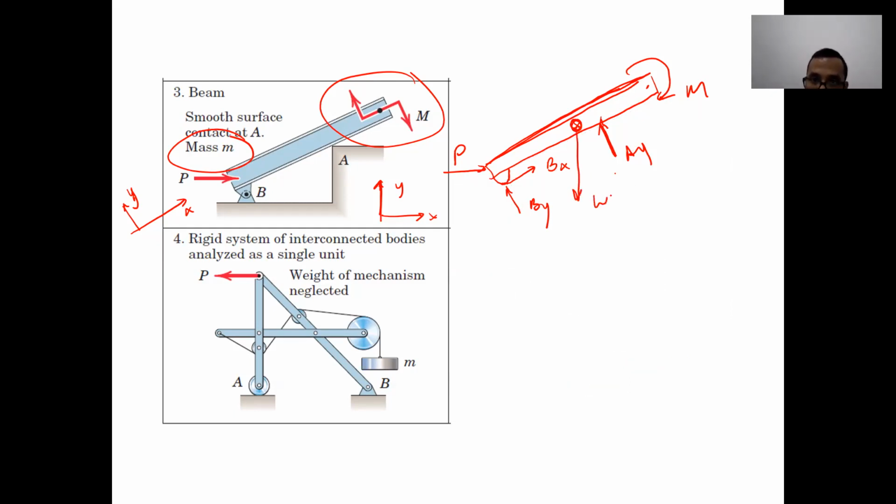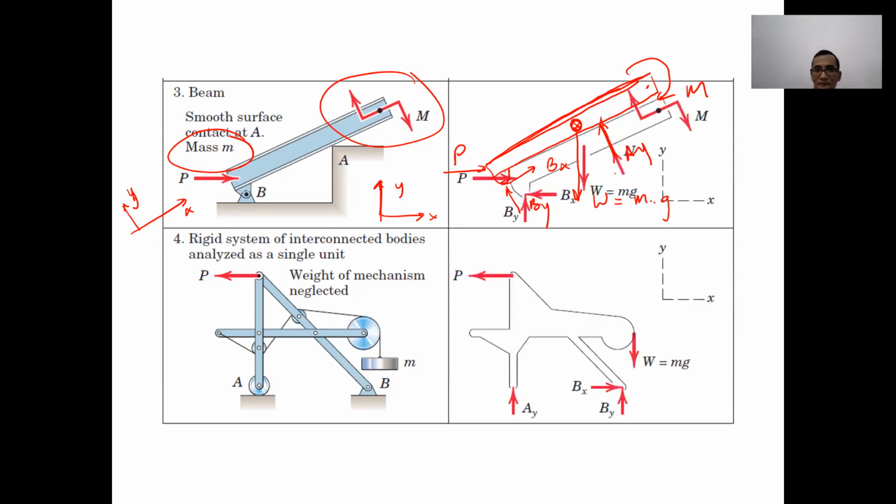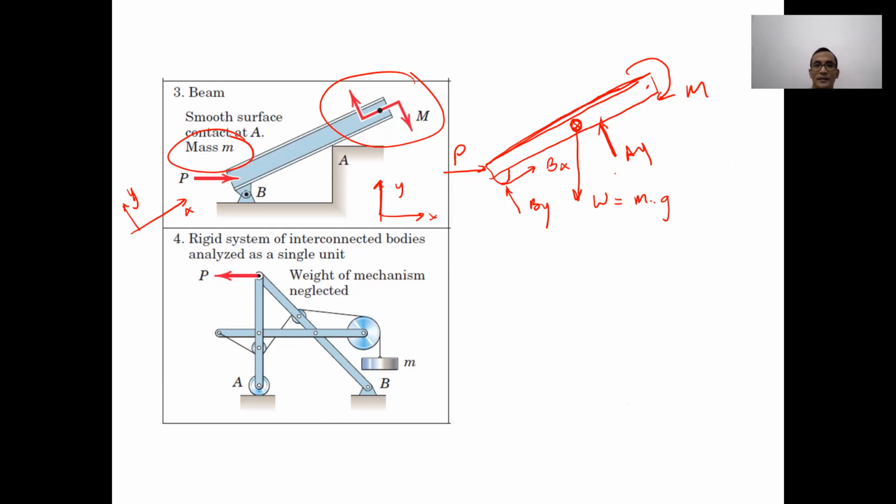This is our weight, equal to M multiplied by G. Is it complete now? Yes, it is complete. So it's supposed to be okay. Thank you, Amadia.